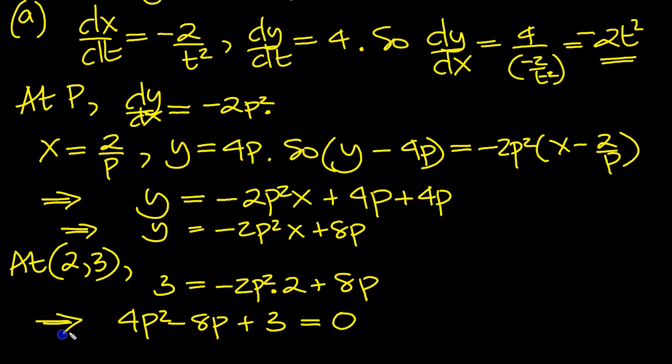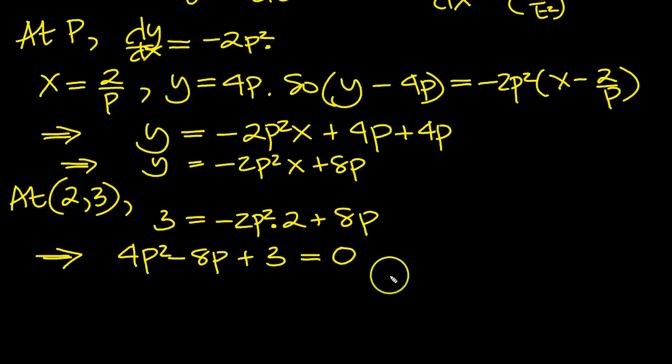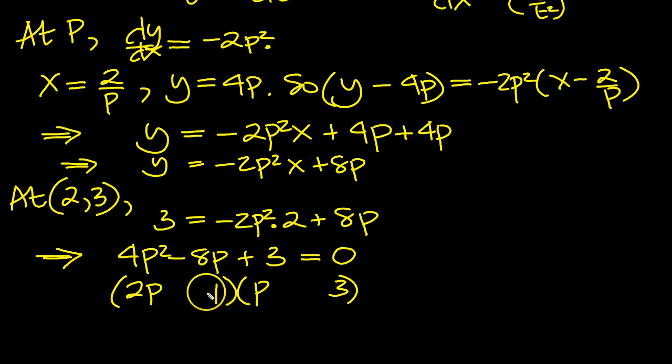So that's a quadratic in p, which we can solve. Hopefully we can factorize. I'm going to go for 2 and 2 because 3 ones are 3, and also that will give a product of 8. So 2p and 2p, 3 ones, and that will make 8 if we do a minus and a minus. We need 2p times 2p as 4p squared, that's it.